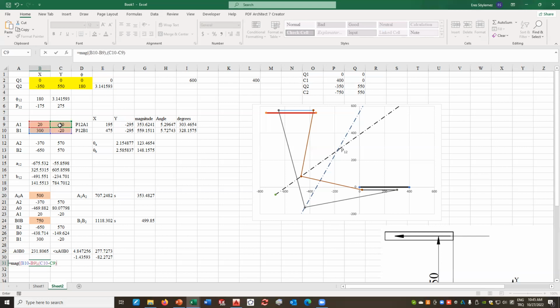It's going to be 280, if I'm not mistaken. Now you know the link lengths. You know the angle the fixed link makes with respect to the horizontal.